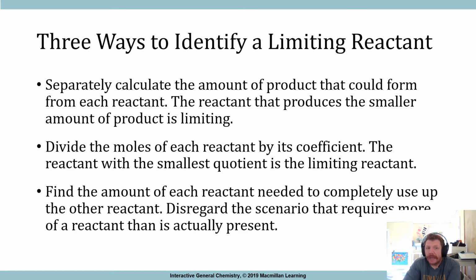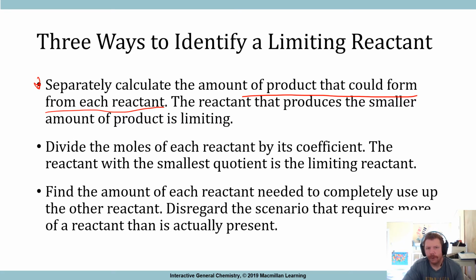There are 3 ways in which to identify a limiting reactant. First, separately calculate the amount of product that could form from each reactant. This is the way that I like to do it. The reactant that produces the smaller amount of the product is limiting.